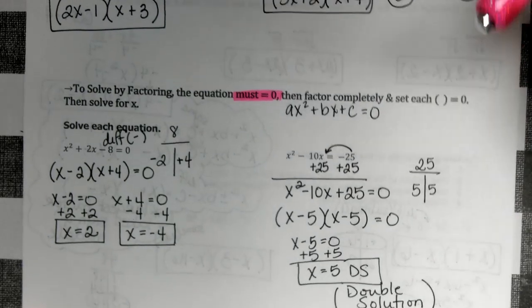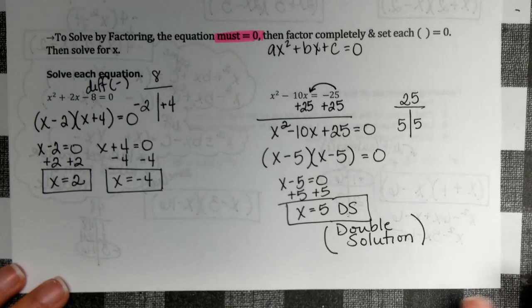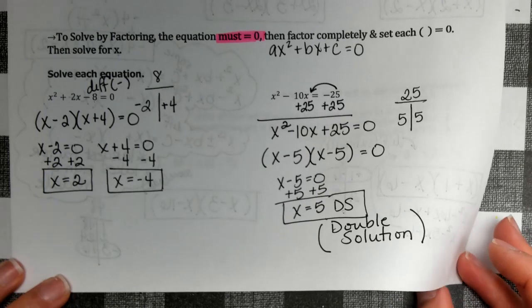But again, if you're not going to remember that, just solve it twice, because if you only solve it once and leave off your double solution, you're missing half your answer. Okay? Questions on that? Okay.